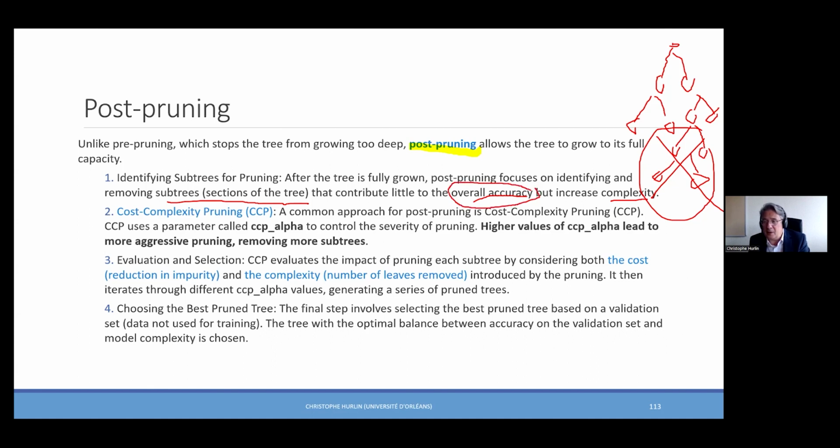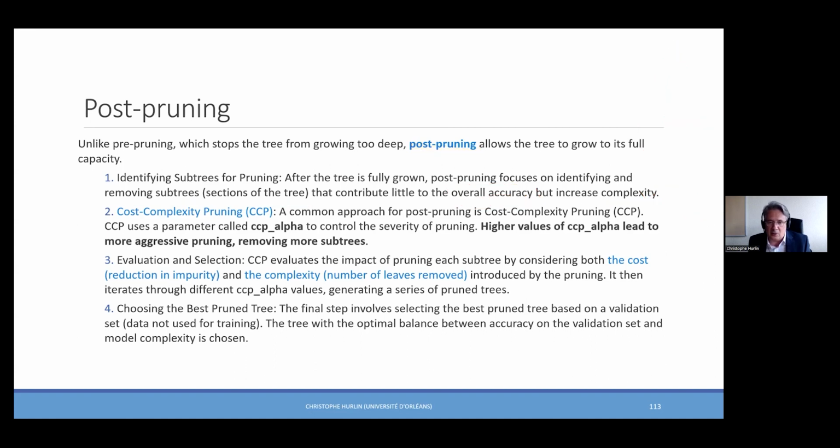And if the impact on the accuracy is moderate, we will prefer a model which is pruned, because we limit the problem of overfitting. Is this clear?